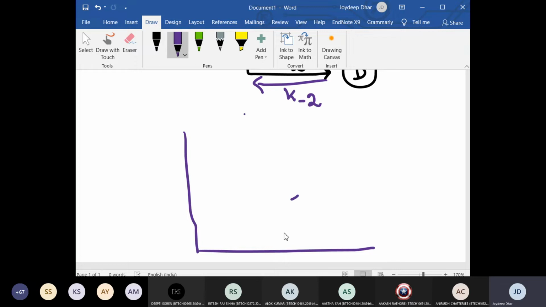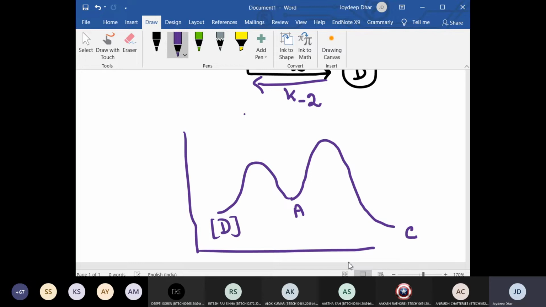A is there, it can go to the C. Let's say this is A, it is passing into C. Similarly, A can pass into D. So A can move to C and A can move into D. So there are 2 terms.